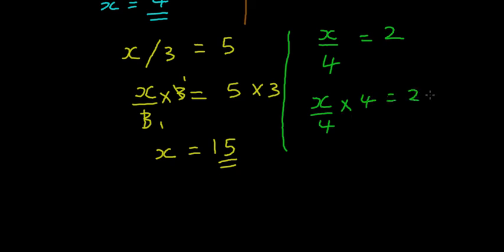Then you also multiply by the same number. Whatever you do on this side, you do on the other side. So you multiply by the same number. 4 goes in here 1, 4 goes in here 1.